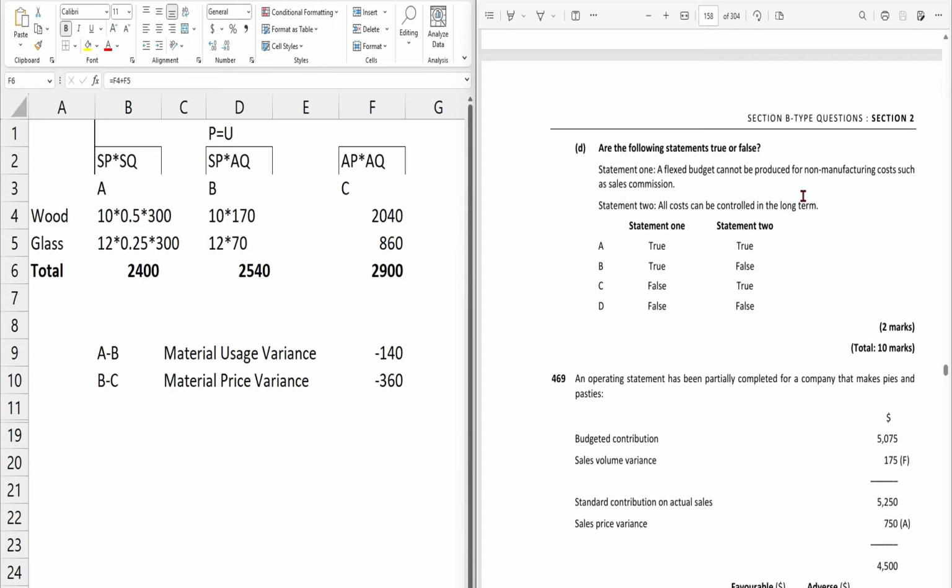Okay, so now the second one: all costs can be controlled in the long term.